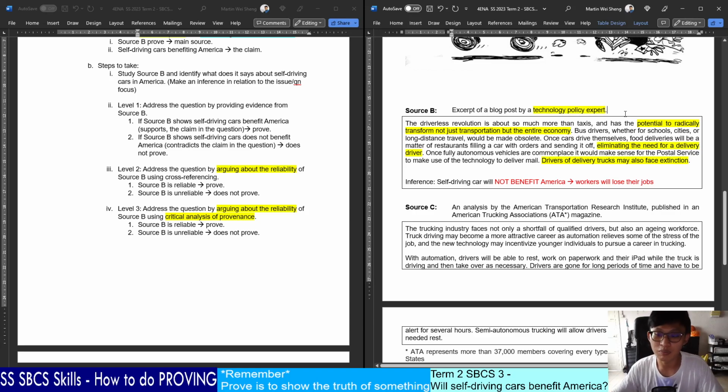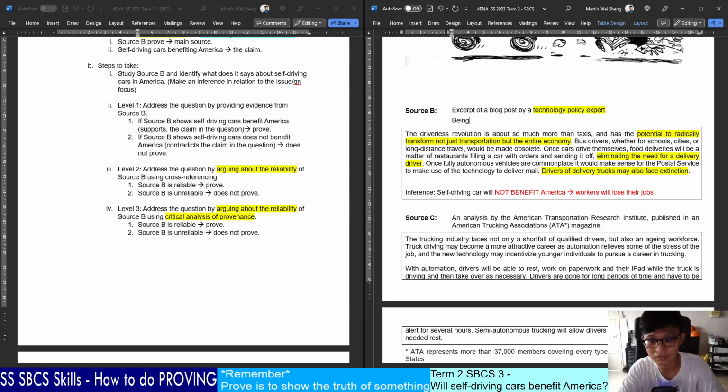Being an expert, in particular about technology, naturally he would try to promote the use of technology. Being a tech expert, he is likely to promote the use of technology.